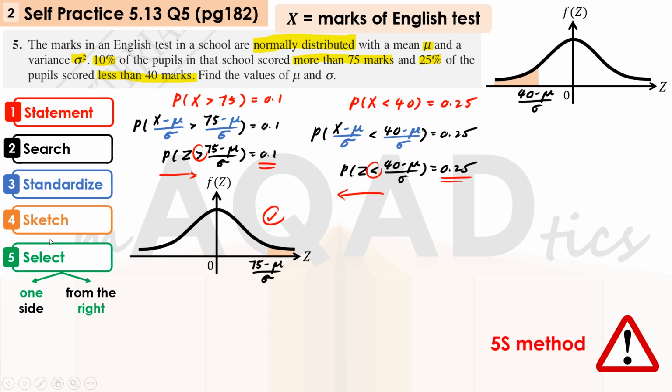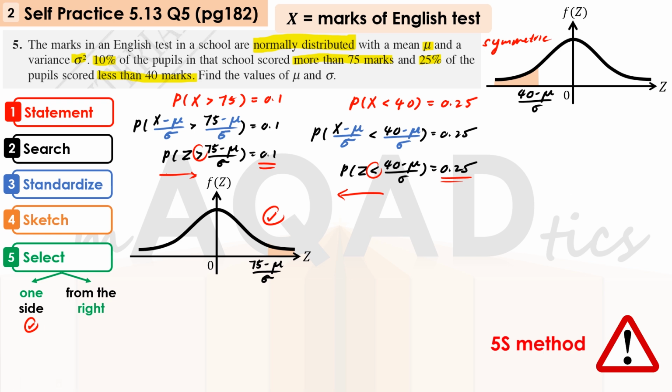If we go to the fifth S, of the two conditions here we only satisfy one, which is one side. This one we fail because the area is sketched from the left side. So what we need to do is, because this graph is symmetric, meaning if I split this graph in half, left and right are the same shape.